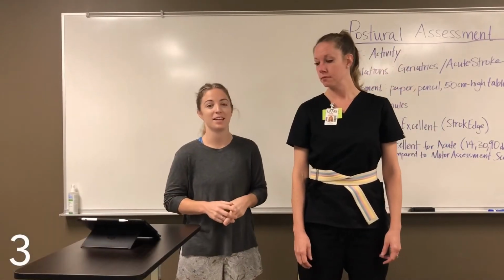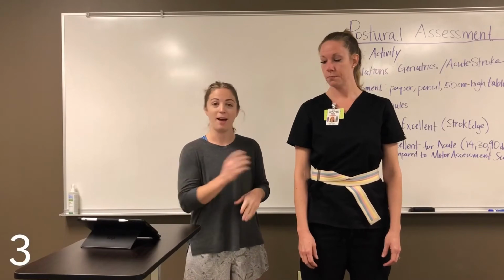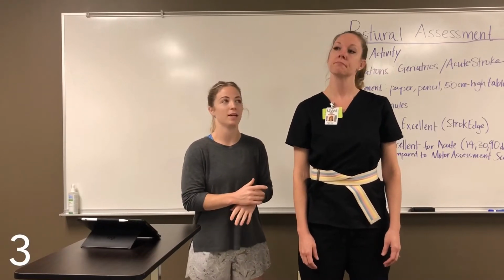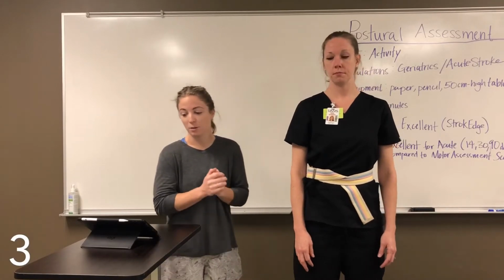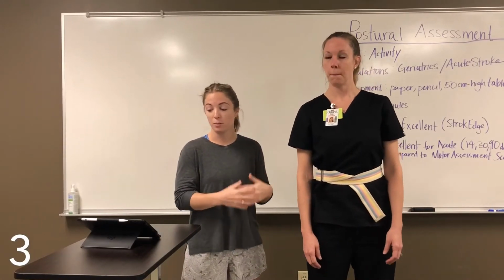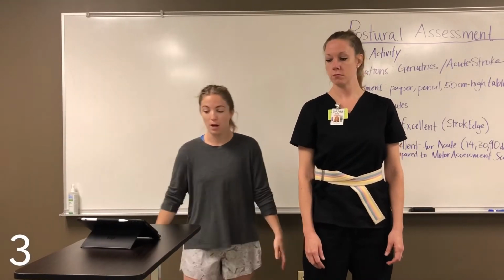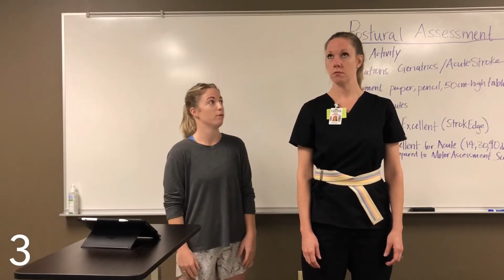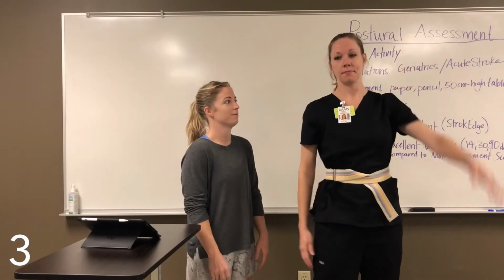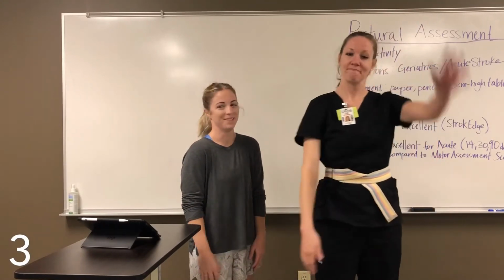Part 3 is standing without support. Have the subject stand without support, examine their ability to stand, not the quality of stance. So a 3 would be she can stand without support for more than 1 minute, and simultaneously perform arm movements above shoulder level. Great job.